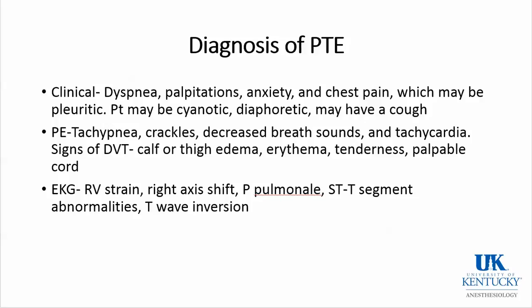In a patient, you'll look for tachypnea, you'll listen for crackles or decreased breath sounds. In the lower extremity exam, you'll look for signs of DVT: calf or thigh edema, erythema, tenderness, or a palpable cord. And then on EKG, you want to think about right ventricular strain, right axis shift, P pulmonale, ST-T segment abnormalities, and T wave inversion.